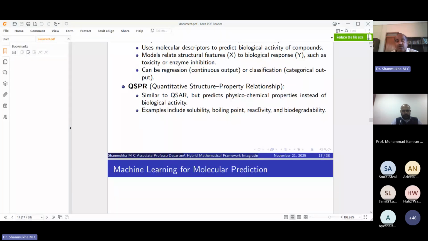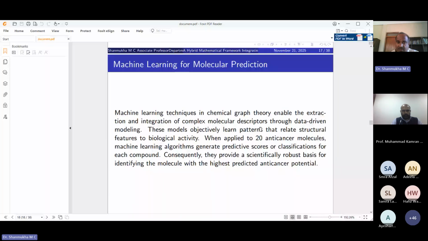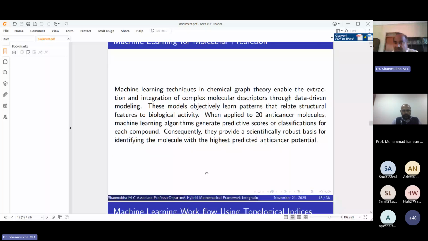So next we move on to machine learning for molecular prediction. Why do we need machine learning in chemical graph theory? Machine learning techniques in chemical graph theory enable the extraction and integration of complex molecular descriptors through data-driven modeling. These models objectively learn patterns that relate structural features to biological activity.